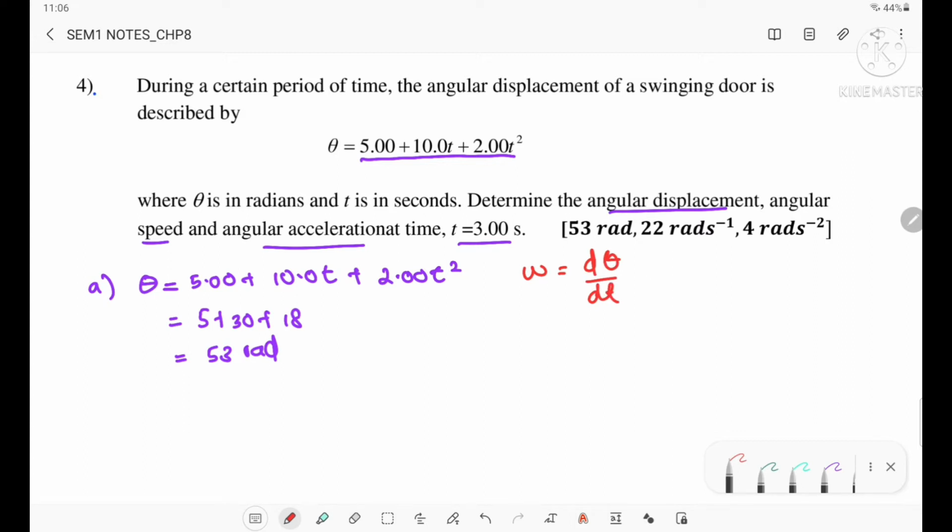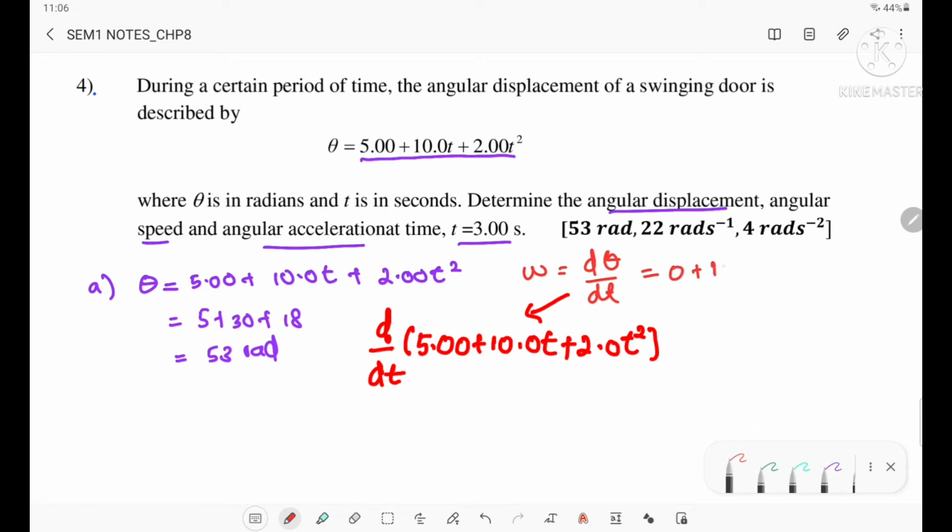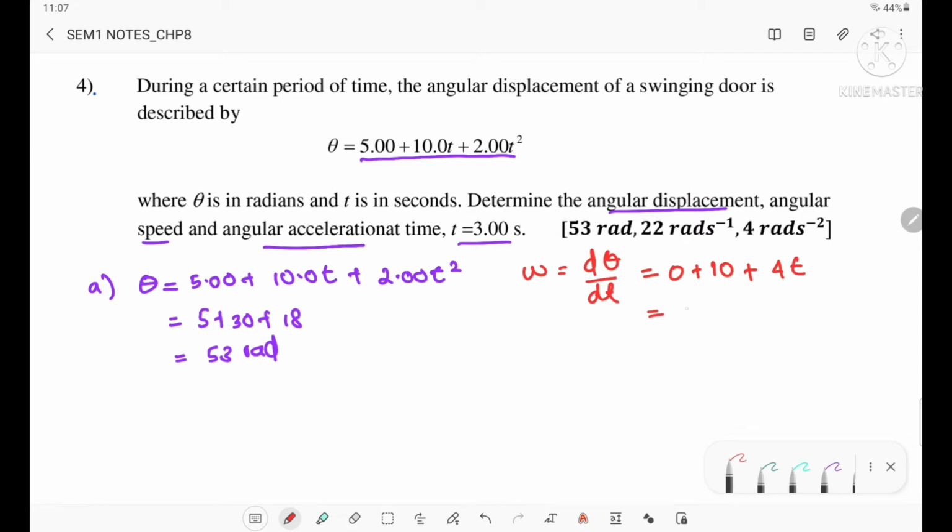So you need to differentiate the angular displacement, and we get: differentiate the 5, you got 0, 10t, we have 10, plus differentiate 2t squared, so we get 4t. And then substitute the value of t, and we have 10 plus 4 times 3, and therefore we got the answer is 22 radian per second.